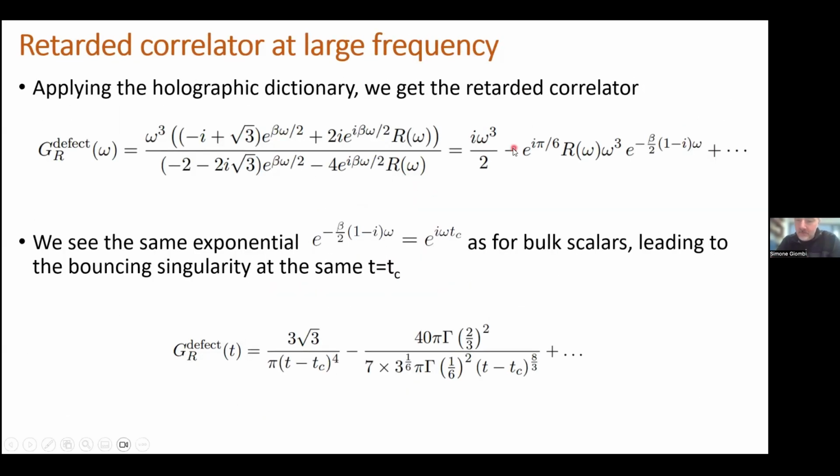Okay. So from this, we can get, again, the bouncing singularities, which look now like this. So to leading order, it's not a branch cut, it looks like a pole, but actually if you include the subleading terms, it is not a pole, it's actually a branch cut because there are these fractional powers here.